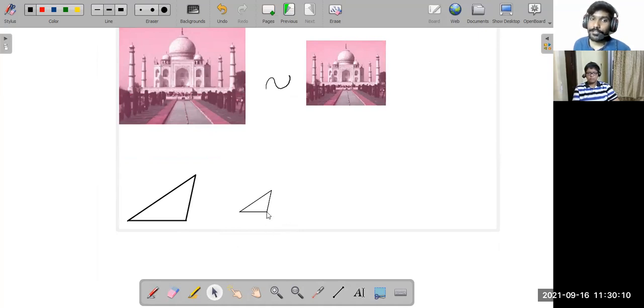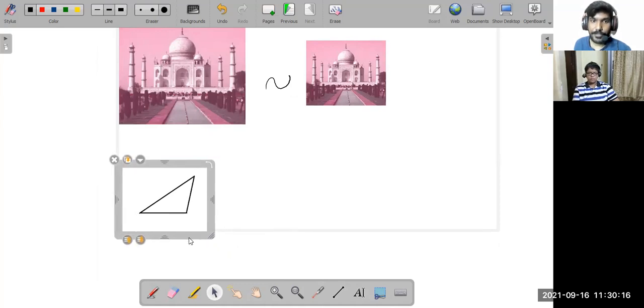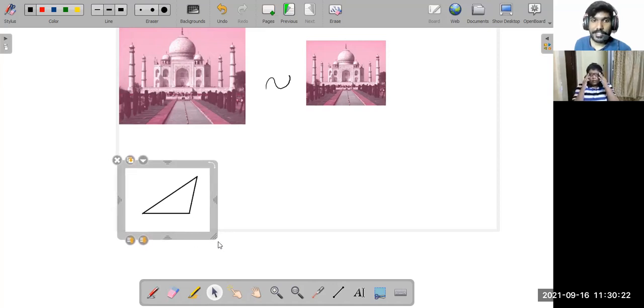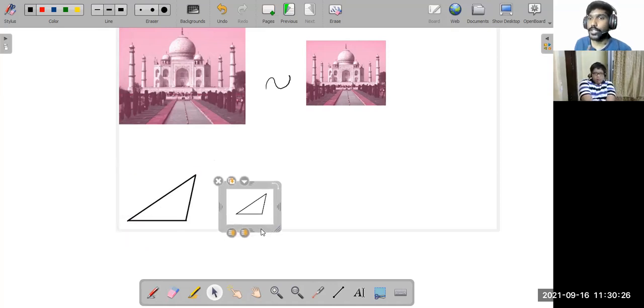But if I take the smaller triangle and I put it on top of the bigger one and I just increase the size, it fits exactly onto each other. If it fits exactly, then you can say that these two triangles are similar, although different in size, but they will be similar to each other. Did you understand the concept of similarity?